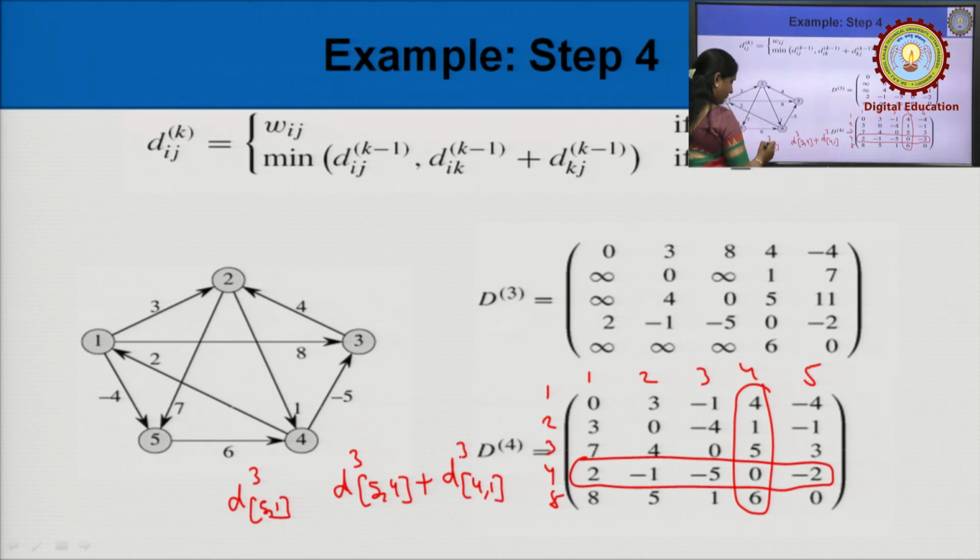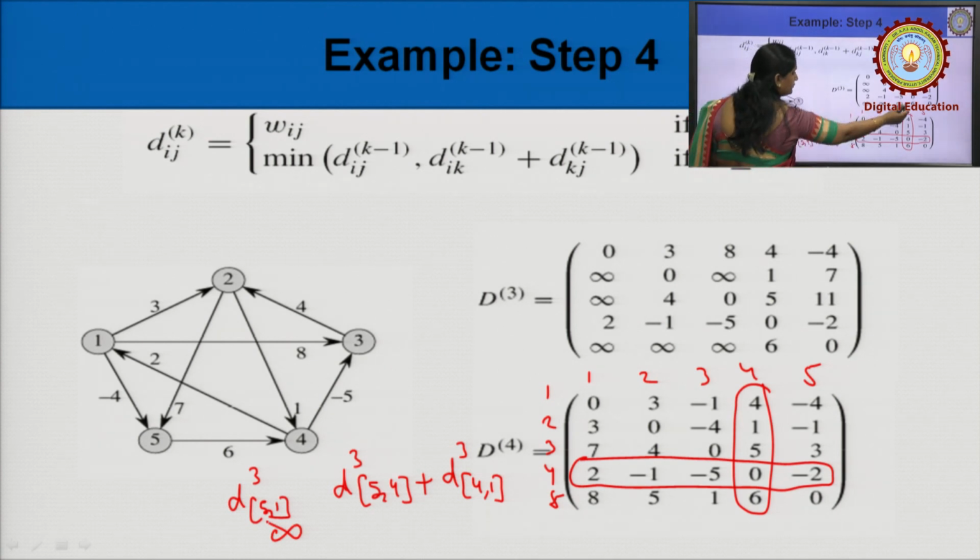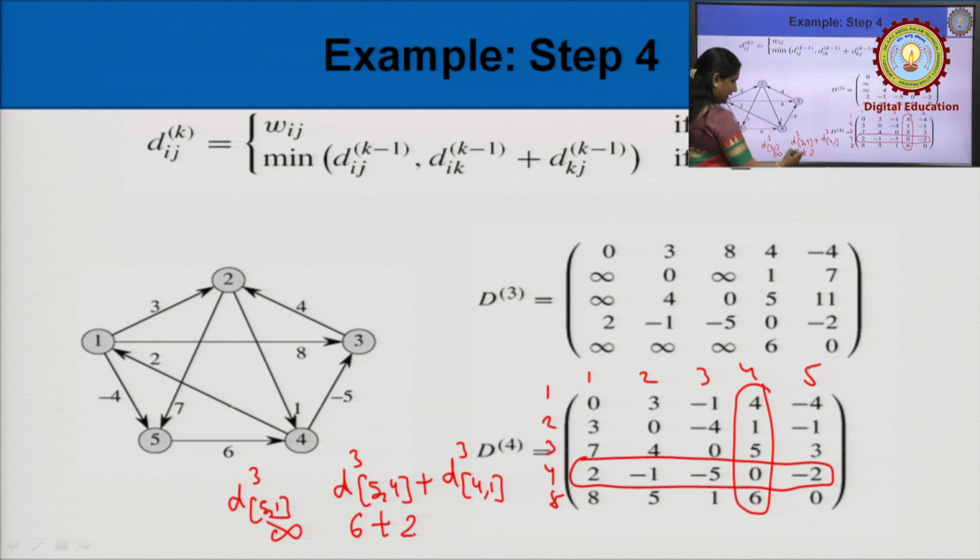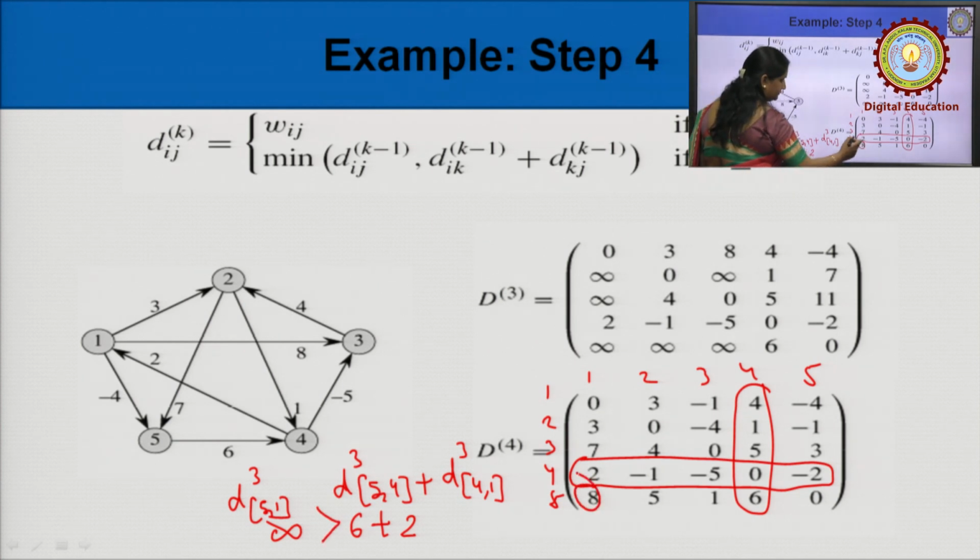The value of 5 to 1 is infinity, 5 to 4 is 6, and 4 to 1 is 2. So 6 plus 2 is 8. Infinity and 8, what is minimum? Minimum is 8. Then put the value 8 here.